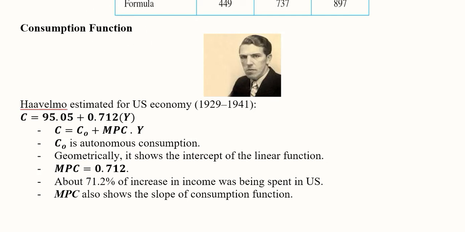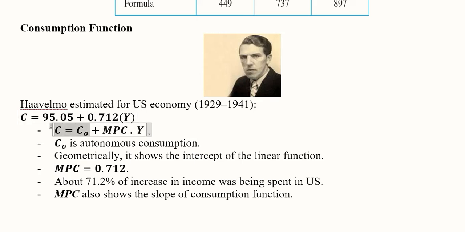The consumption function for the US economy: Haavelmo basically took the data from 1929 till 1941. He estimated the consumption function by using simple econometrics, and he found this intercept and this slope.